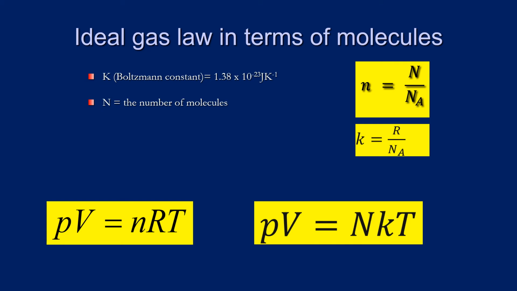PV equals nRT and PV equals NkT are both on your formula sheet.